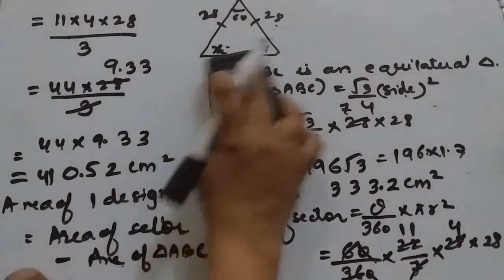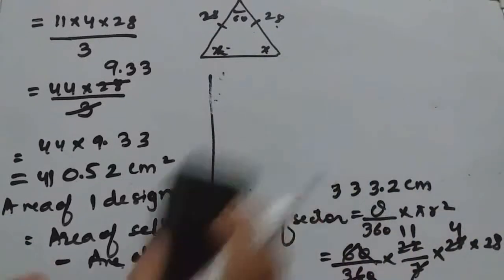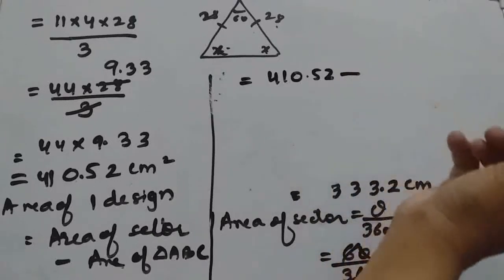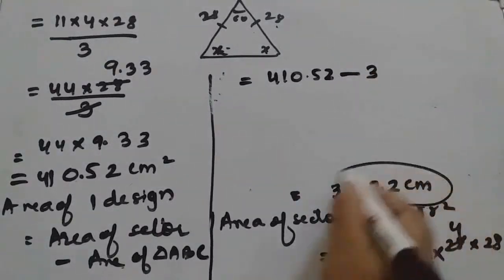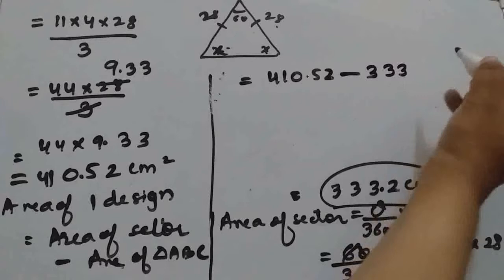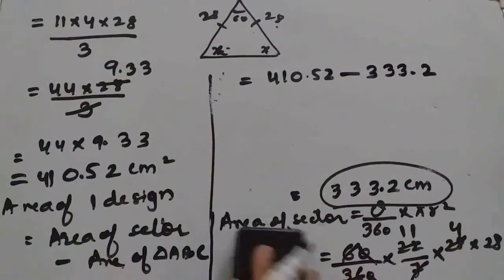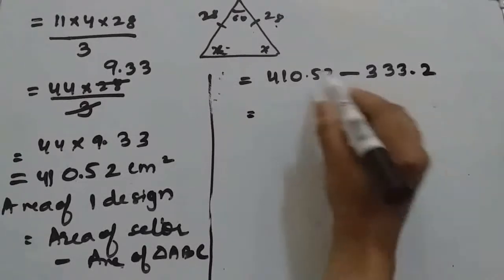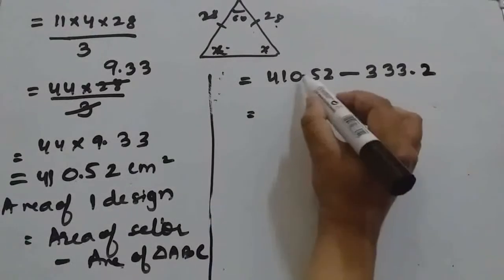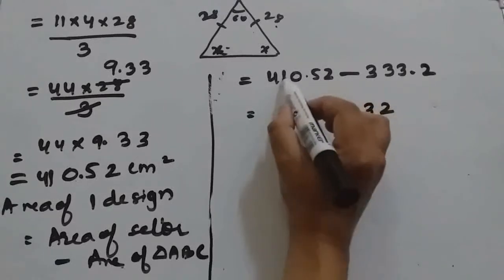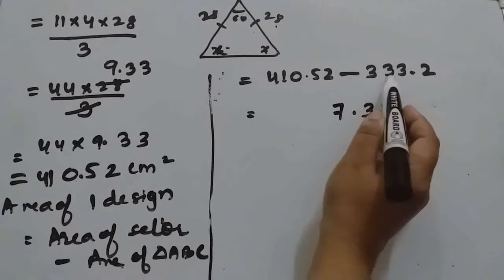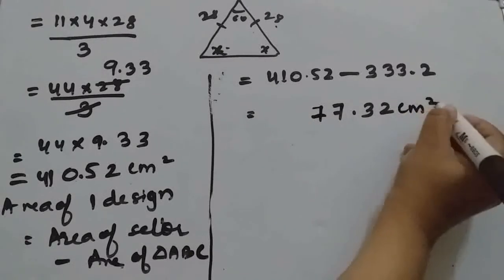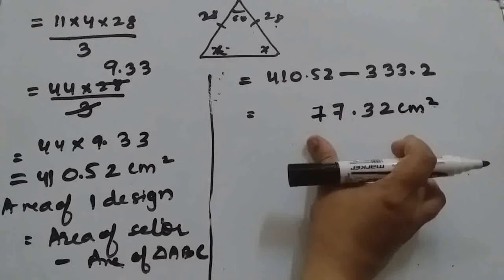So we can write here 410.52 minus, this is the area of triangle, 333.2. So we can find 77.32 centimeter square is the area of one design.